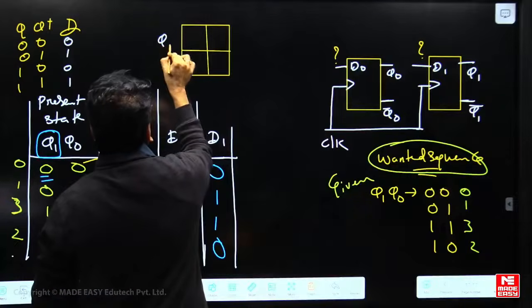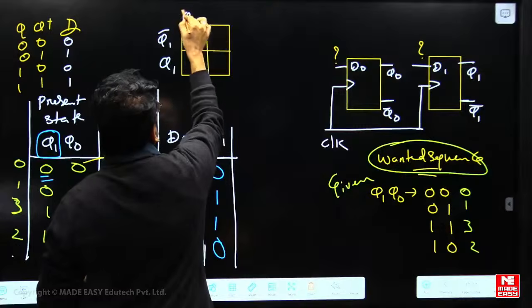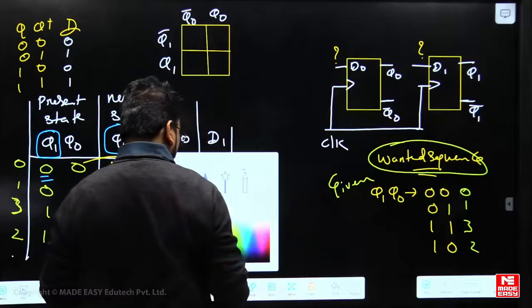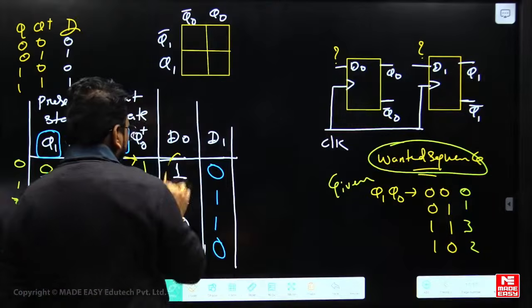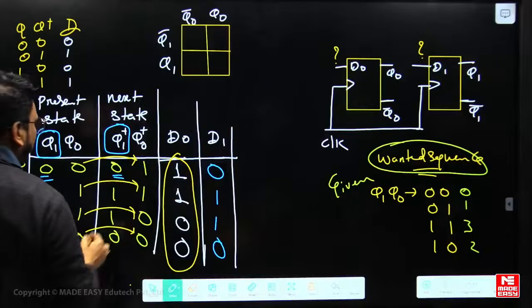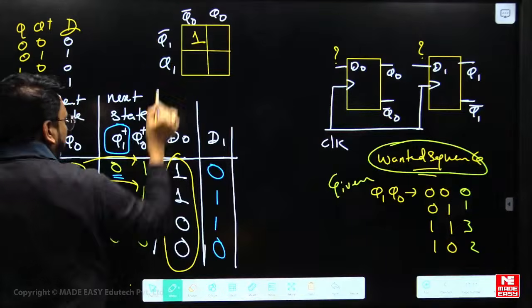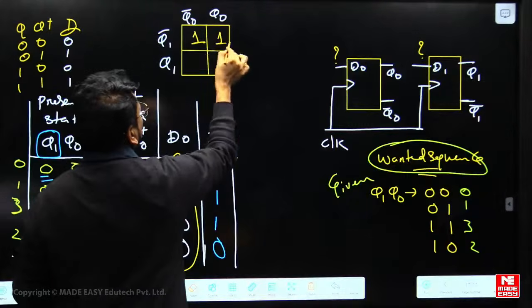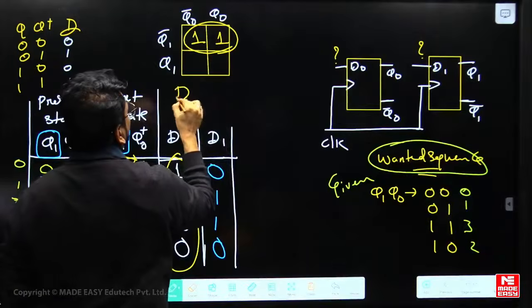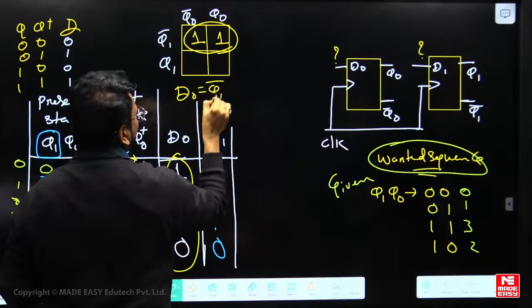So it's going to be Q1 bar Q1, Q0 bar Q0. D0 is nothing but this is the one, and here Q1 bar Q0. So D0 is nothing but Q1 bar you will get.